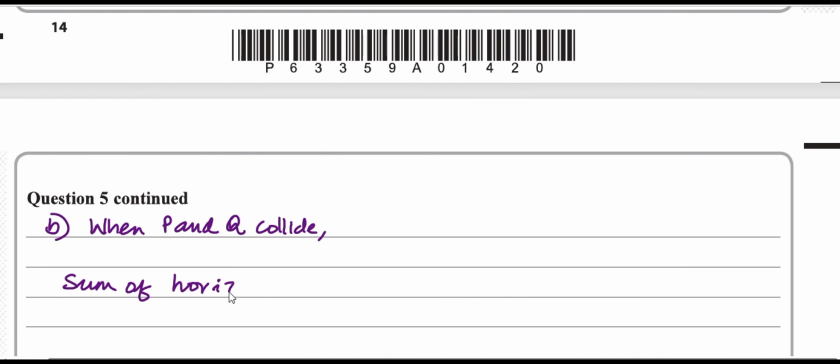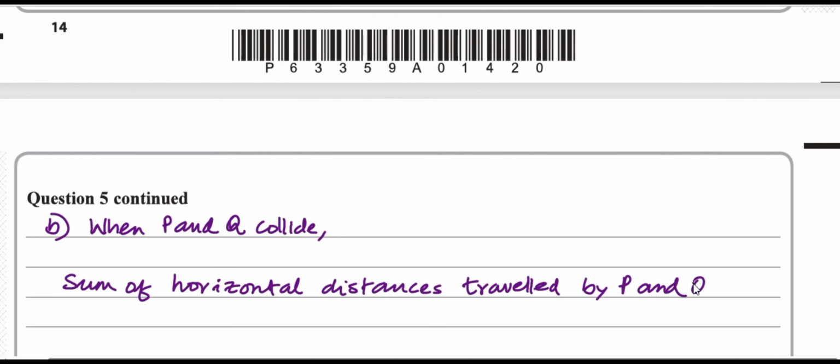Let's write that. When P and Q collide, the sum of horizontal distances traveled by P and Q should be equal to 50 meters.